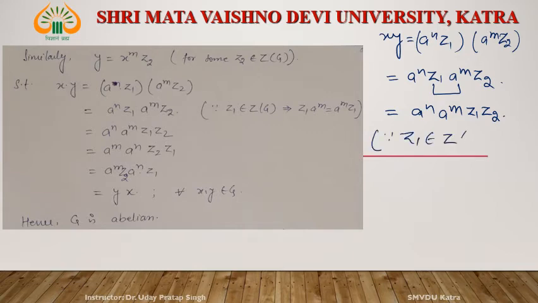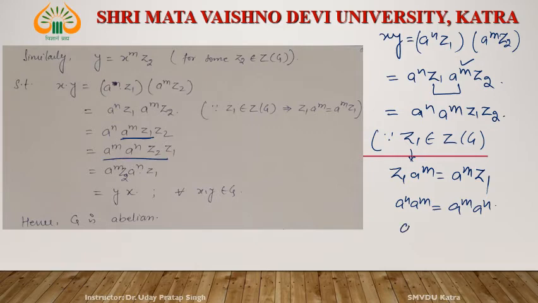Why? Since z1 belongs to Z(G), this z1 commutes with every element of the group. a^m is an element of the group and z1 is an element of Z(G). Therefore z1 a^m is equal to a^m z1. Similarly, a^n a^m is equal to a^m a^n, and a^m a^n z2 z1.